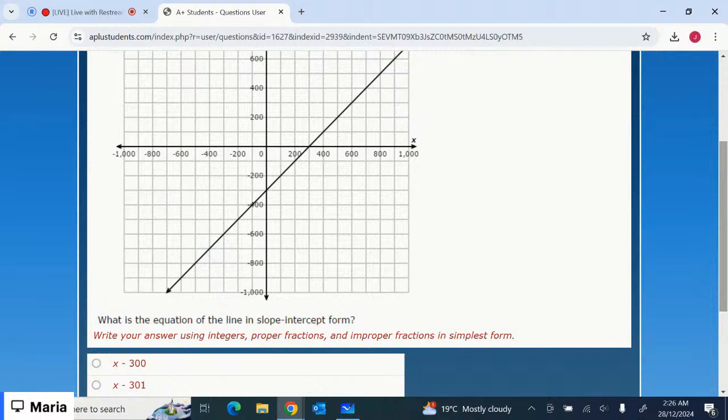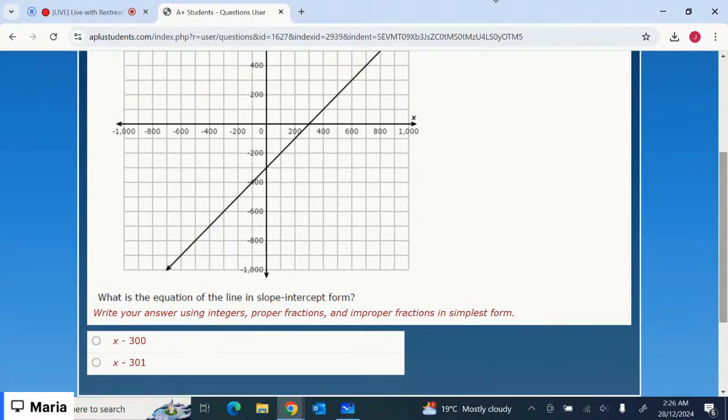You can find another point and you can find the slope, right? Here is the other point. You're moving up 1 point and right 1 point, so that means the slope is 1. So y equals x minus 300.